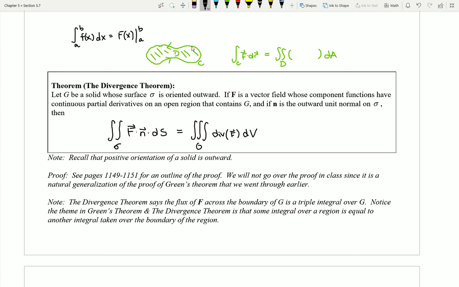So here, C acts as the boundary of the D, and here sigma acts as the boundary of the G. So we have this big connection here, similar sorts of ideas.